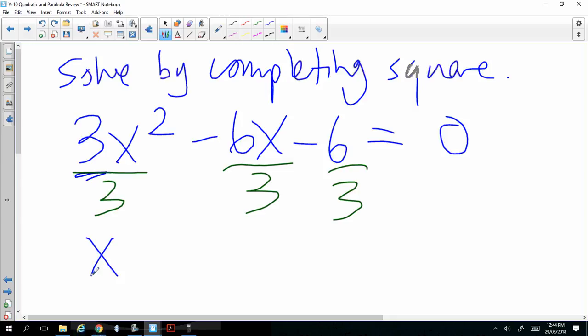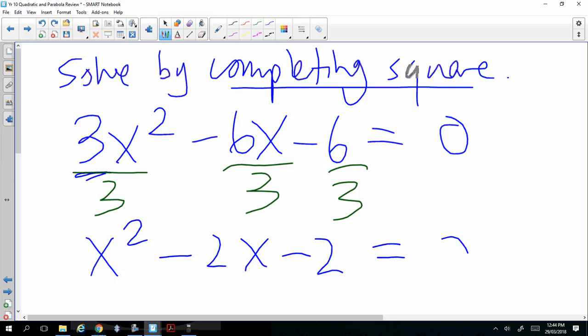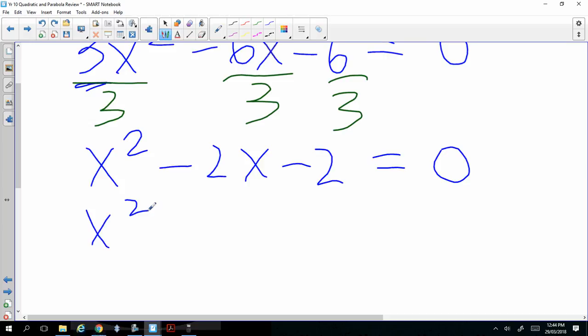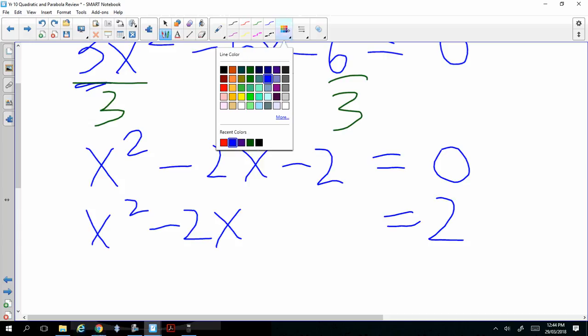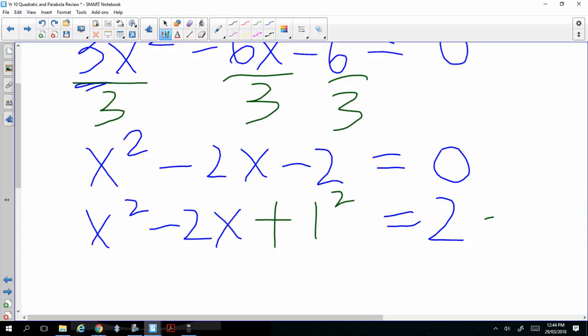Then you add 1 squared to both sides. That becomes a perfect square: x minus 1 squared equal to 3. To find x, you take the square root, plus or minus. And x is just 1 plus or minus root 3.